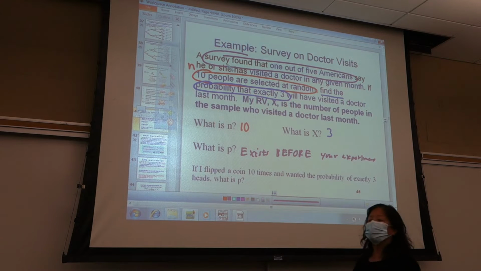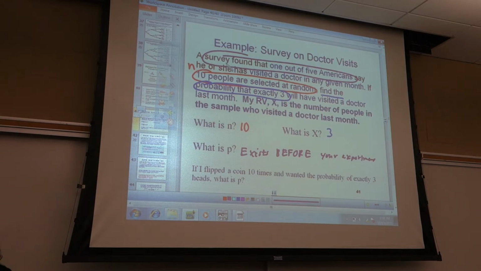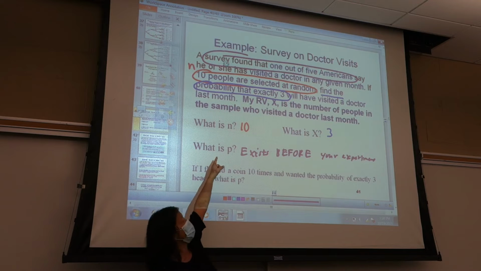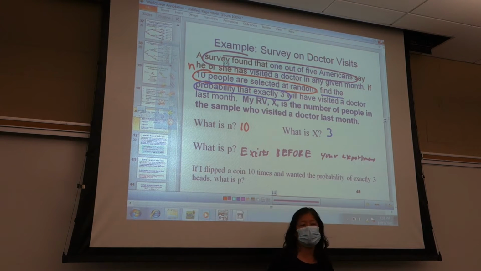So think of the little p as being out there in the world. It's for the whole world. It's like the probability that I flip a coin and get heads. The 50% will not change. If I say, what's the probability that I flip a coin 10 times and I get 3 heads? Is that 30%? No, right?